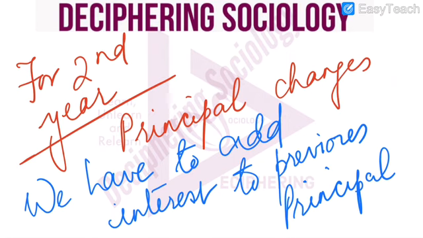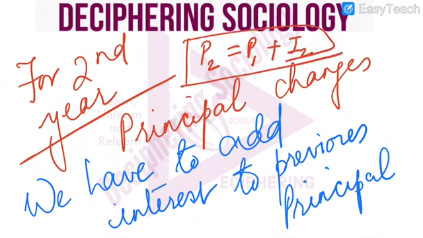For the second year, what happens? The principal P2 will be P1 plus I2. So we will have to add the interest to the previous principal in order to calculate the new principal. So for the second year, the principal changes and we have to add interest to the previous principal.